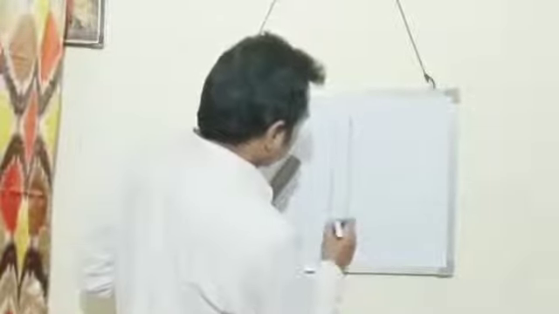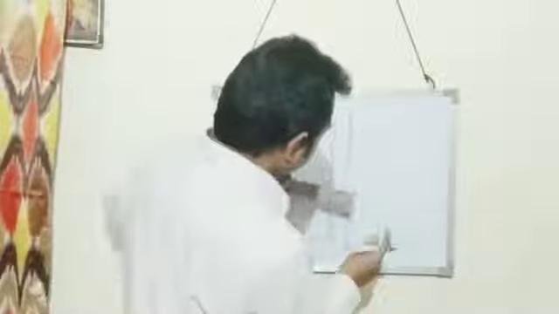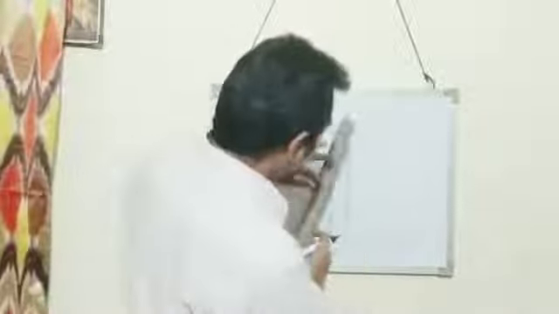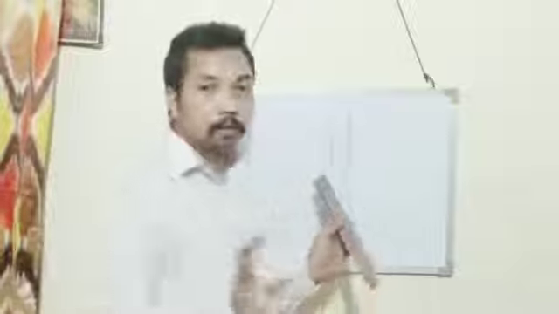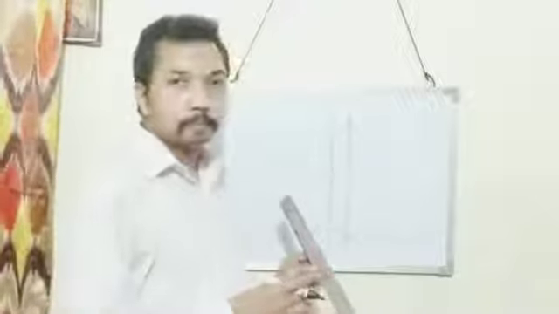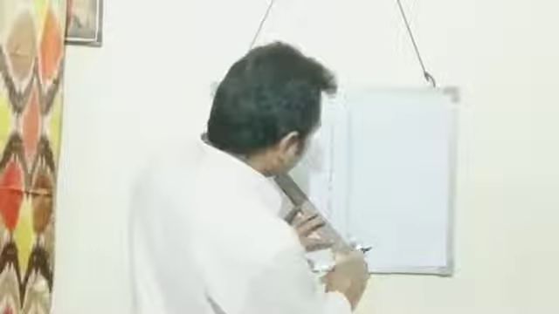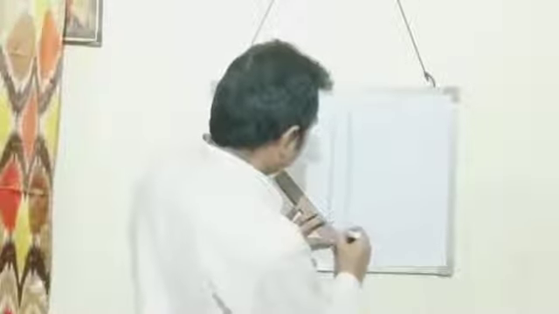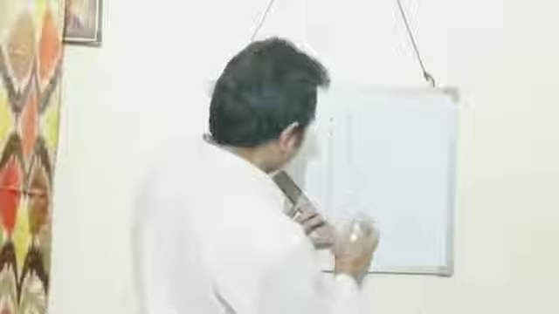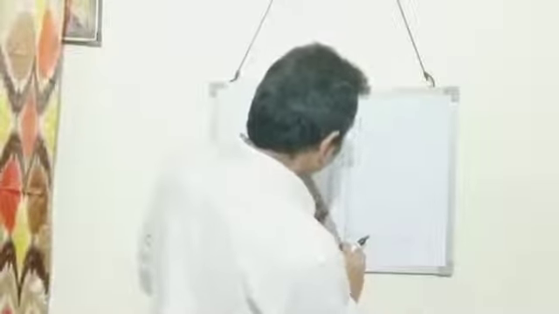Suppose that this is an object. From the object we draw two incident rays by making different angles.